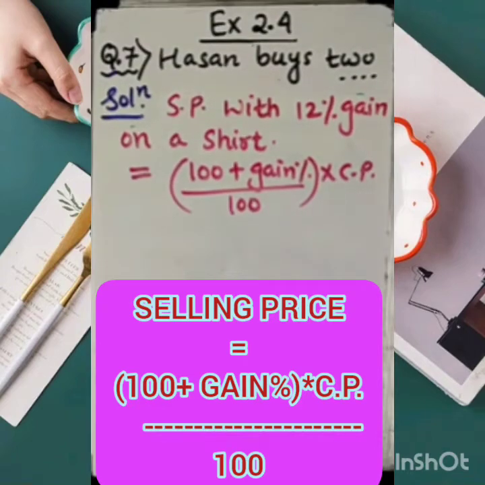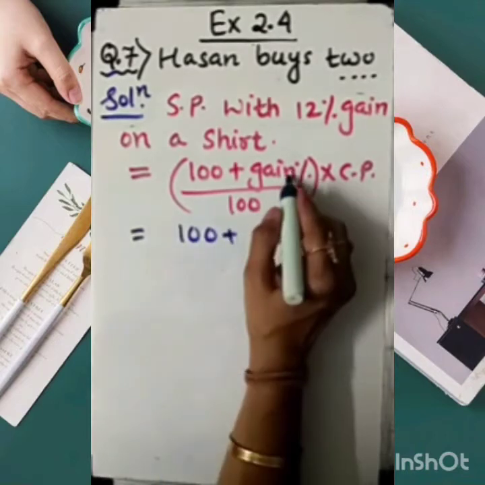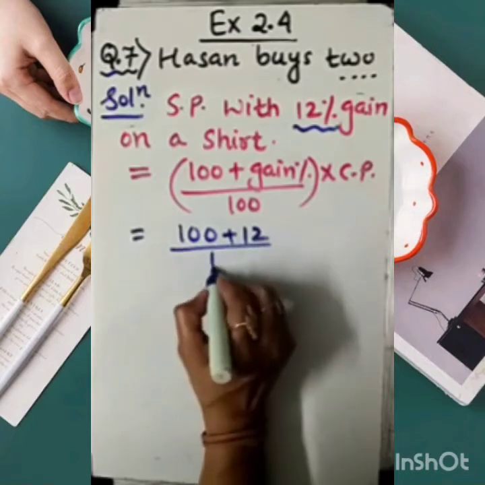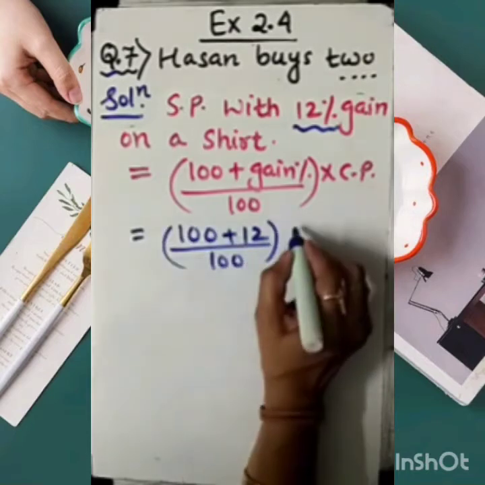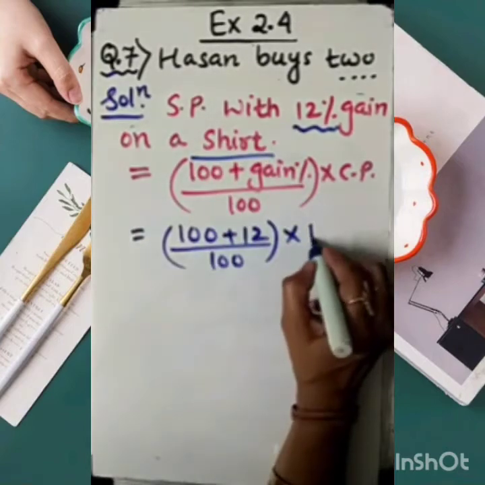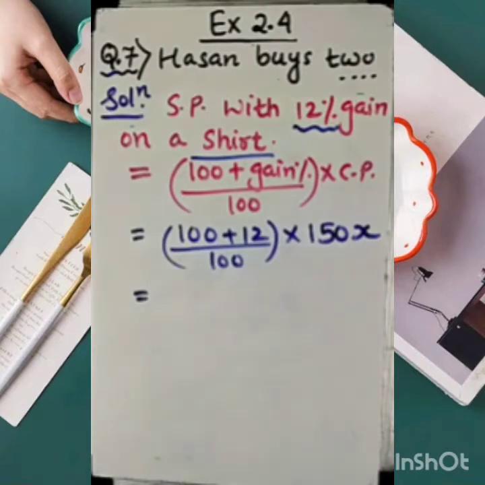Please keep this formula in mind and let's substitute the values. This is 100, already with us. Gain percentage this time is 12, so I am mentioning 12 here upon 100. What about the cost price? The cost price for the shirt we already found, that is 150x. So I am mentioning it here.